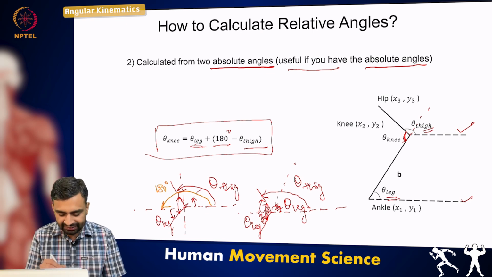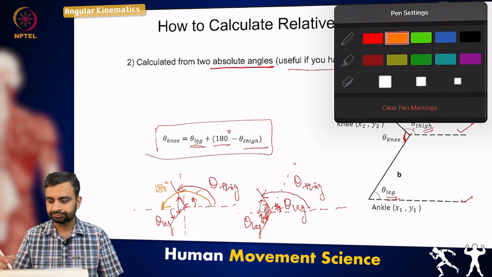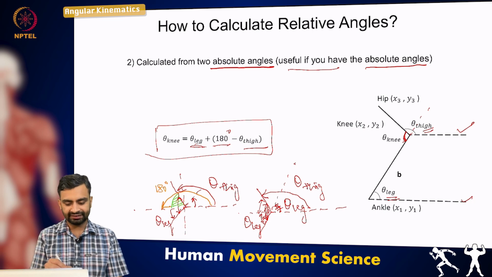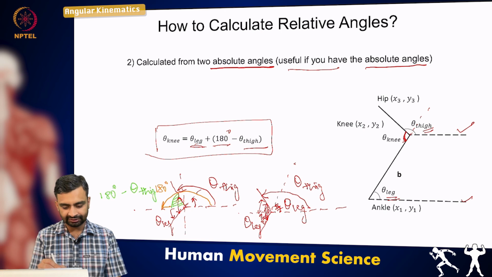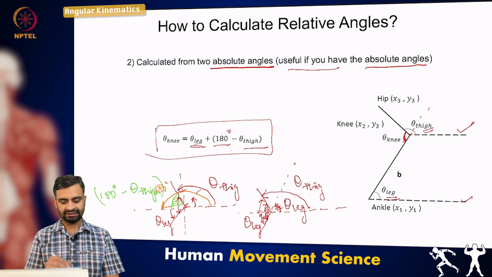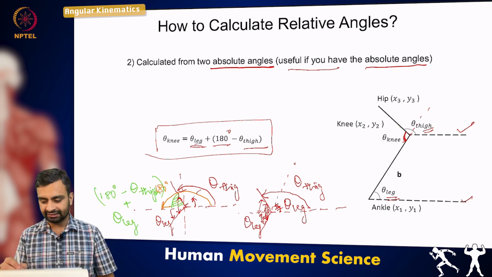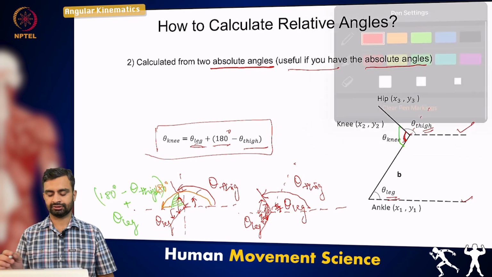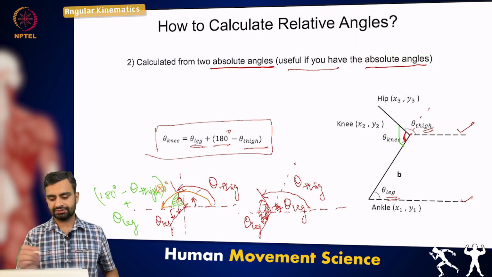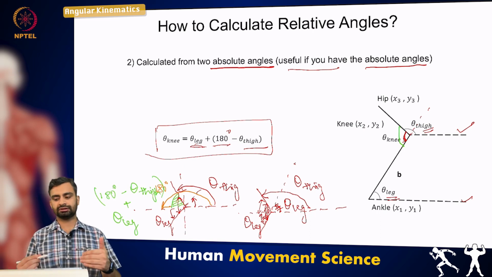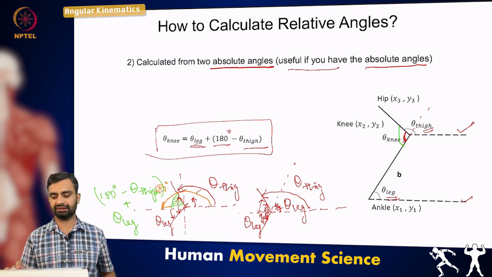So to find the angle shaded over here, that is nothing but 180 degrees minus theta thigh. This angle plus theta leg will give us the angle at the knee joint. I hope this is clear. Otherwise, you can practice or try to draw it yourself, then you will understand how this angle can be calculated.